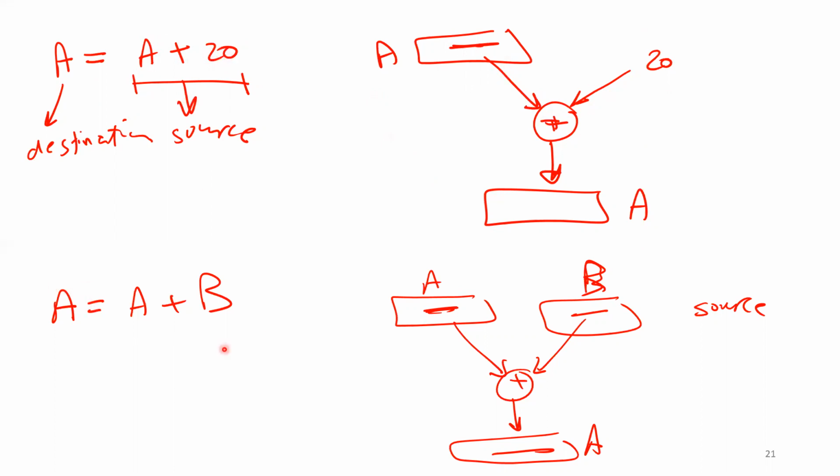Let's see another example. Here, we have two operands, both of them registers, as you see here, guys. I want to add register A plus the content of register B, and I want to store the result in register A. Okay.